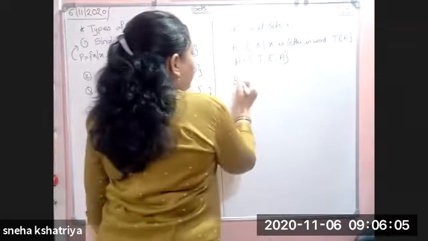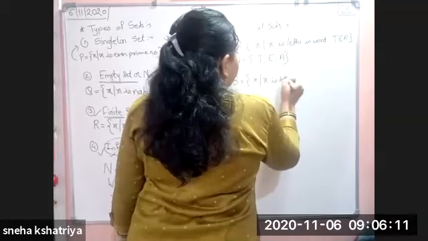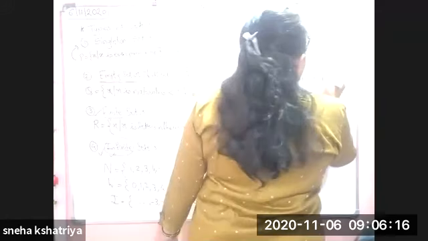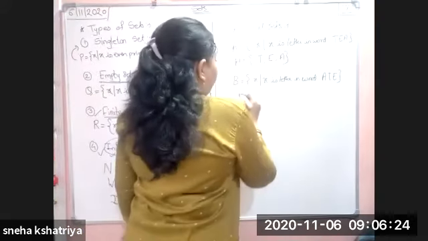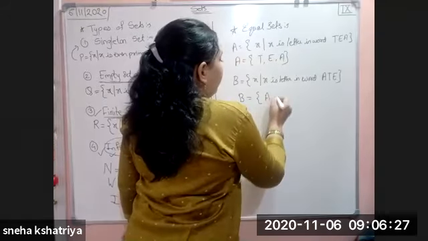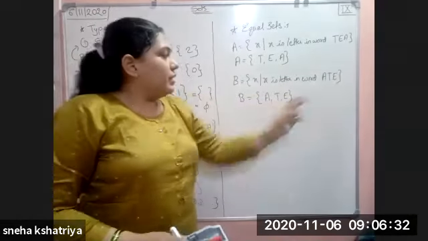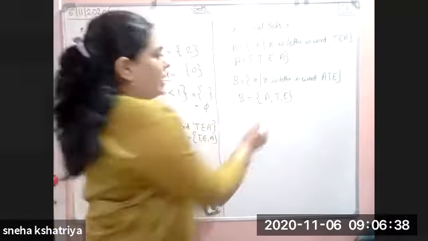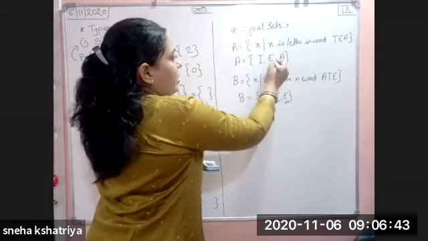And suppose I have taken another set B such that x is a letter in the word ATE. A-T-E. Now, what will be the set B? Set B will become A, T, E. The elements of set B are A, T, E. Now see here, compare: A is here, A is here, T is here, T is also here, E is here, E is also here.